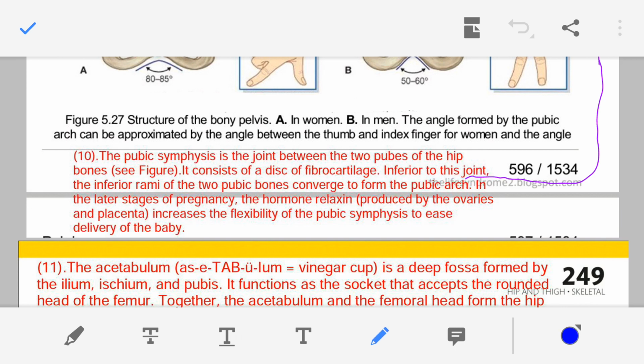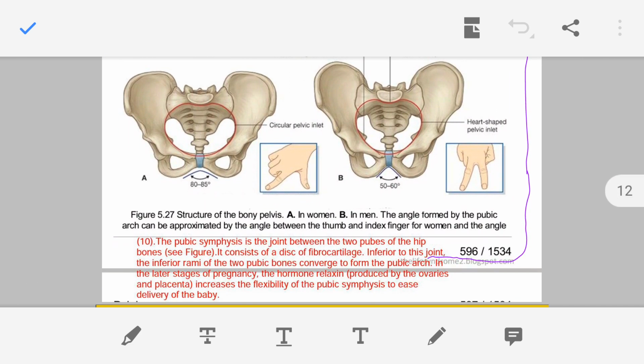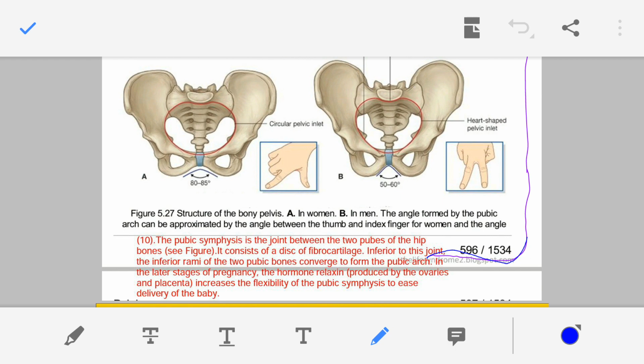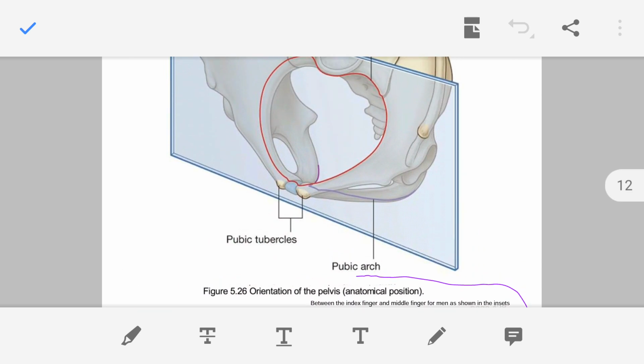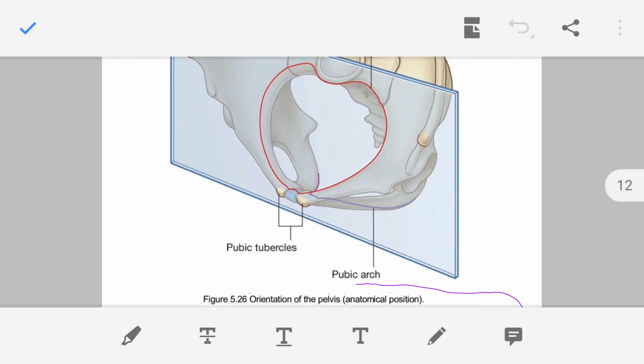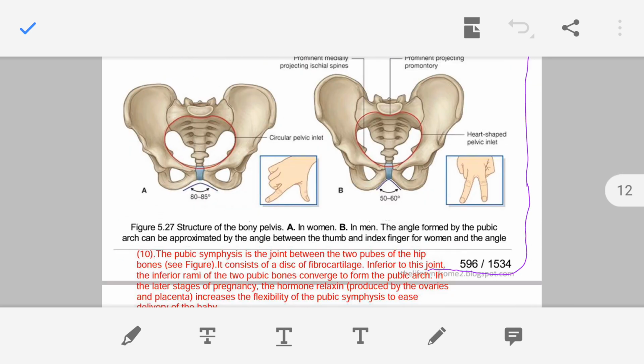So once again, the pubic rami of the two pubic bones merge and form the pubic arch. Over here I am showing you the pubic arch. You just follow this purple colored arrow, and as you can see over here, this is the pubic arch.